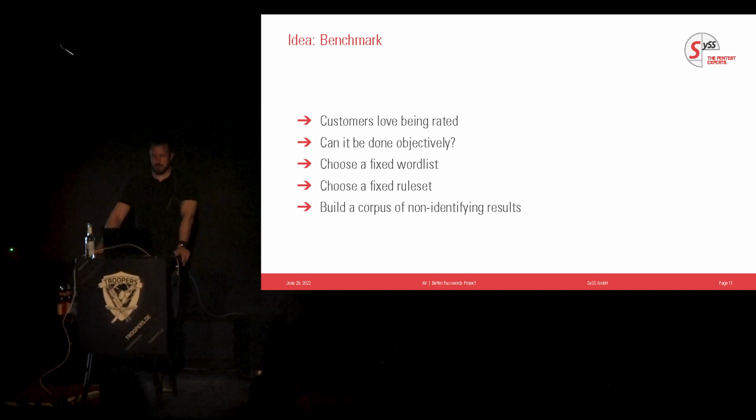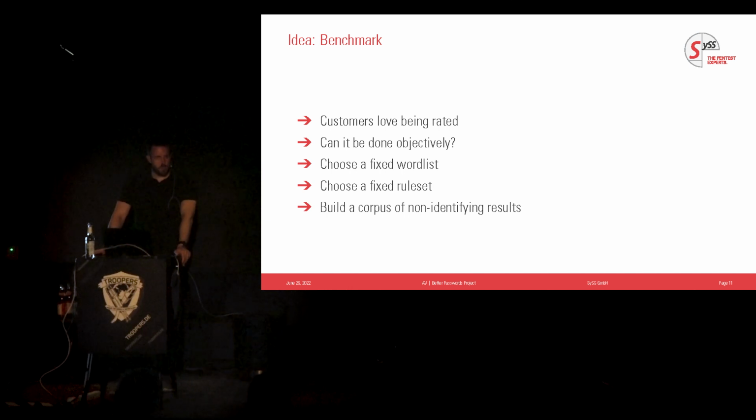My idea was that we choose a fixed word list and a fixed rule set that always stays the same, and then we can make some concrete statements about the quality. If I always have the same boundary conditions and I build a corpus of all these results, then I can tell my customer, well, I cracked such and such percentage of your accounts, and this makes you better than whatever customers that we have, like 80% or something.